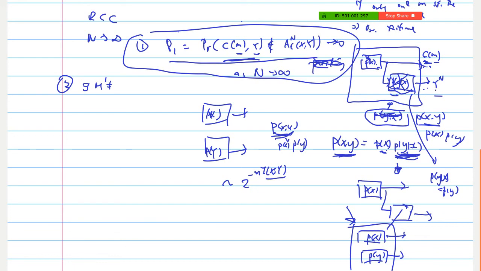Yes, that's right. But what I'm saying is, first of all, I don't quite get what you want to point out here on the screen. But even if your p(y given x) is equal to p(y), it just means that your joint distribution p(x,y) is equal to p(x) times p(y).